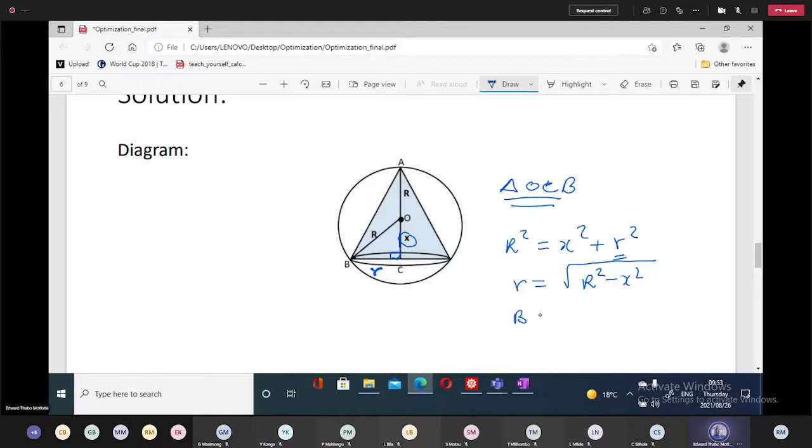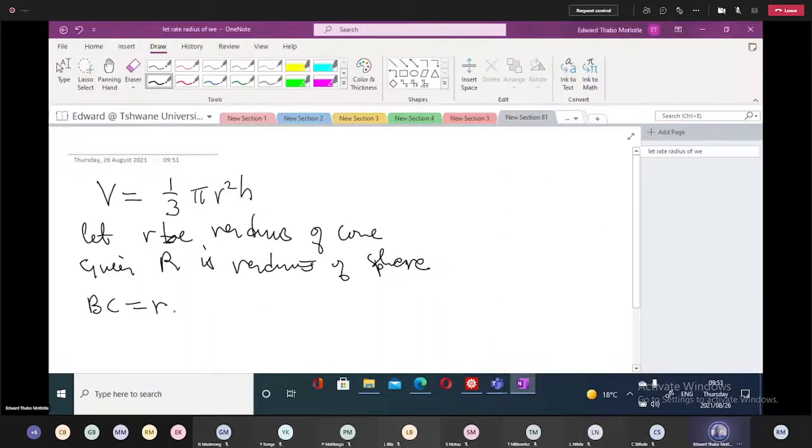Basically this means that BC is equal to that. So here I was just looking for the value of BC. Now we are going to use this value here. We said this is equivalent to the square root of R squared minus x squared.